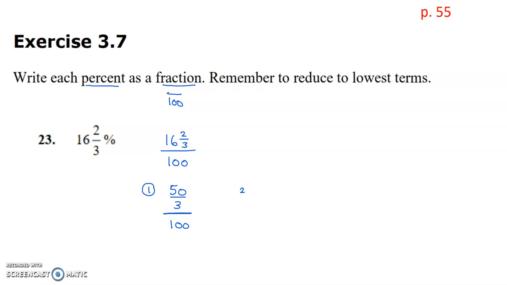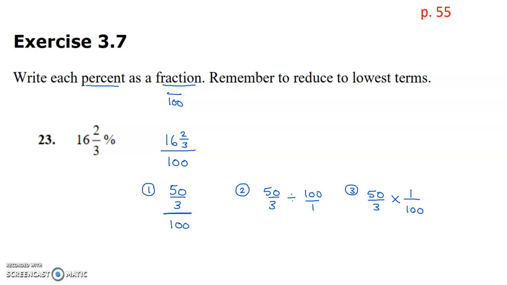We write this so that we can actually do the division. 50 over 3 divided by 100 over 1 means 50 over 3 multiplied to the reciprocal, which is 1 over 100.